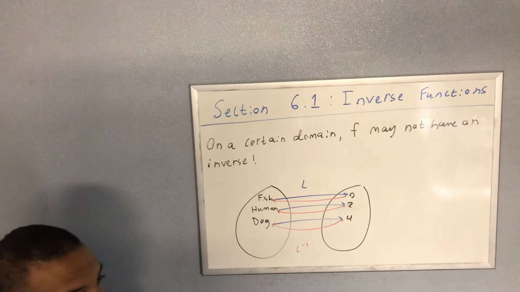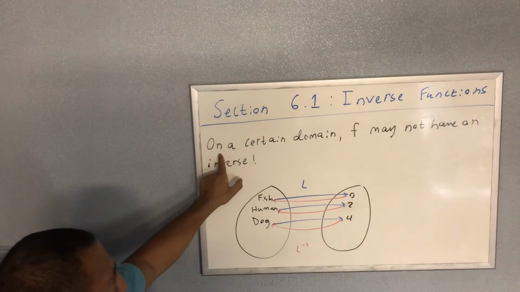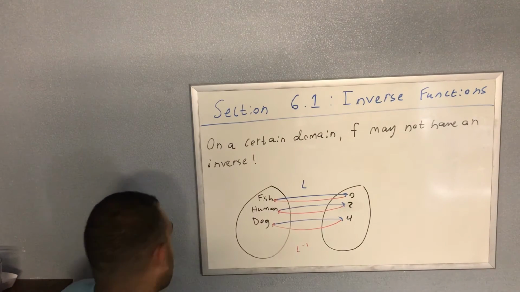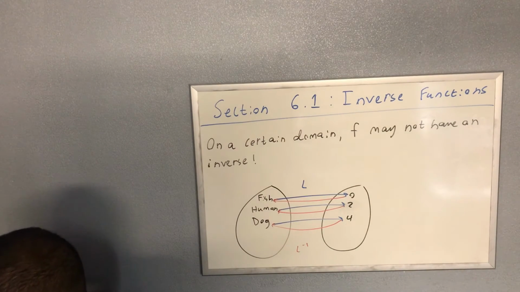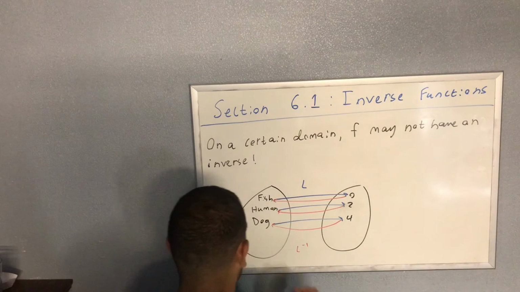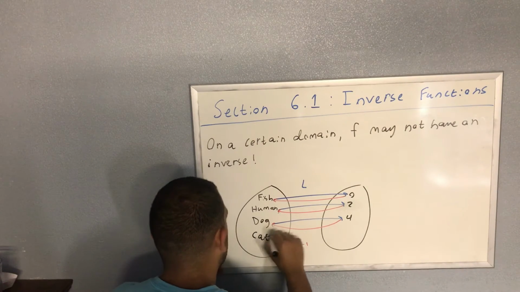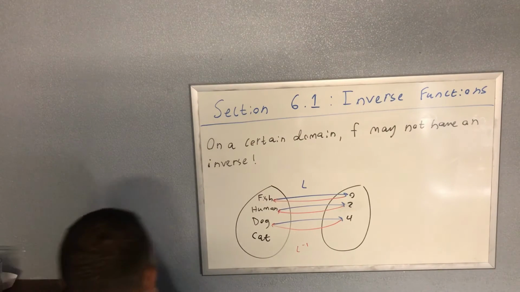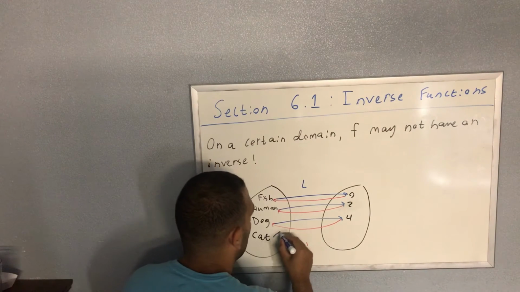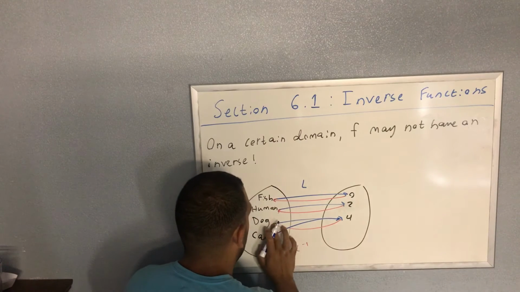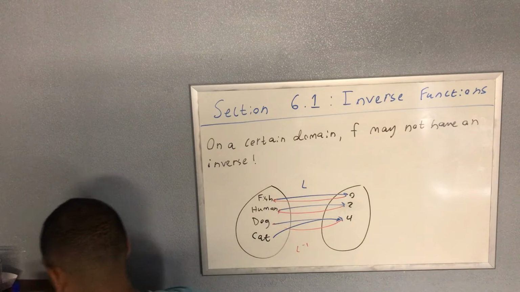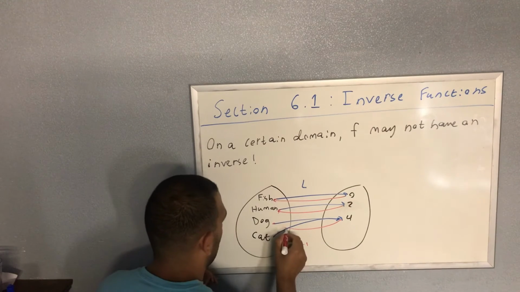But now, if I pick a bigger domain, this is where the domain comes in. Now if I include cat here, this is very bad, because now cat would also go to 4. And now it's unclear what the answer to the inverse question is.